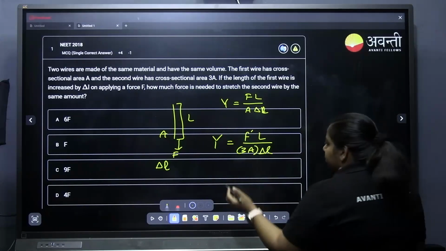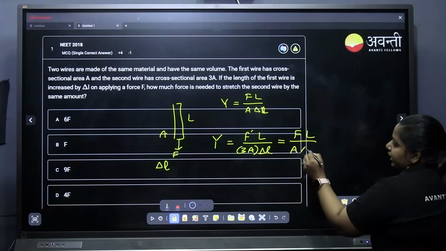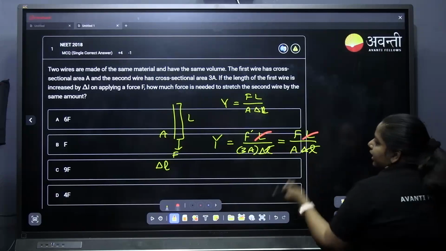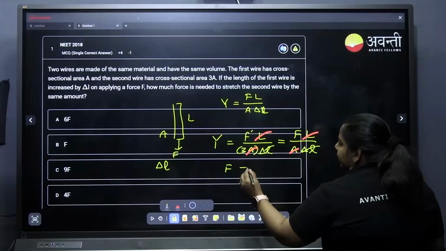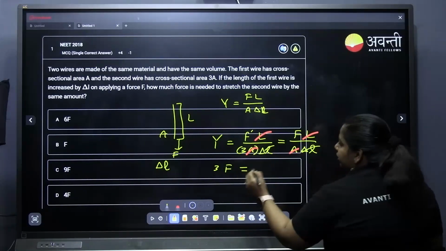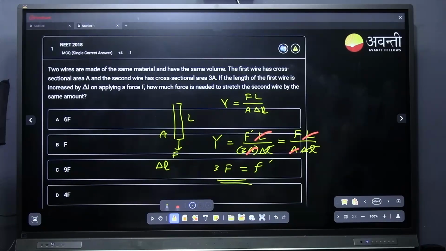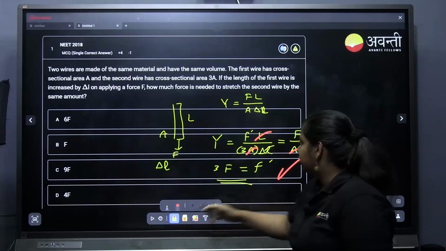Comparing to this FL by A delta L, we can cancel out these things. No, sorry, they have the same volume, not length. Sorry.